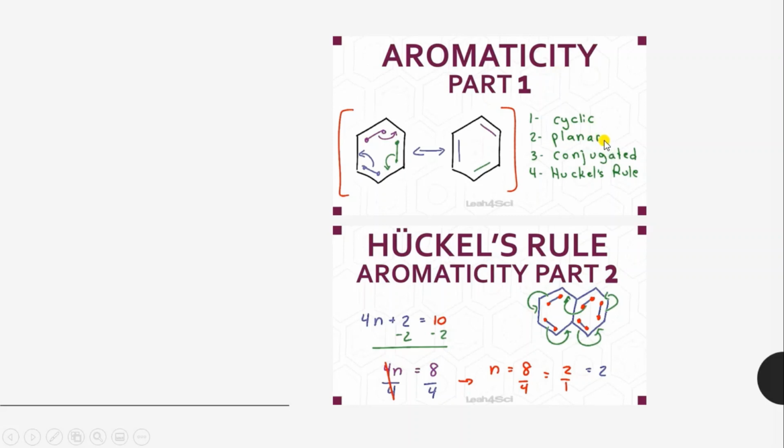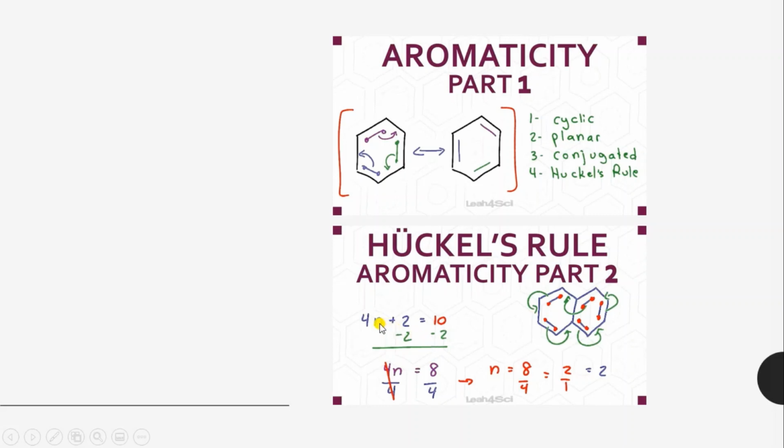The compound should be planar. And the last thing is that it should follow the 4n plus 2 Huckel rule, 4n plus 2 system. You already know about the 4n plus 2, where n is an integer, starting from 0, 1, 2, 3, 4.